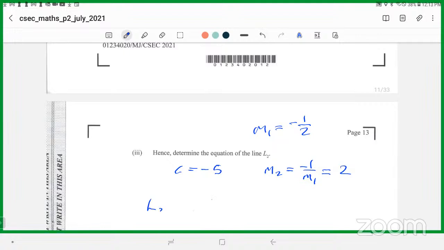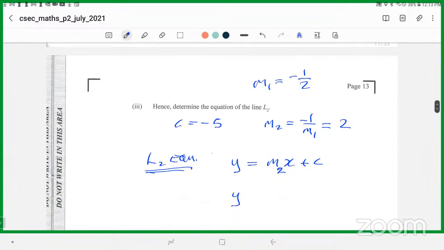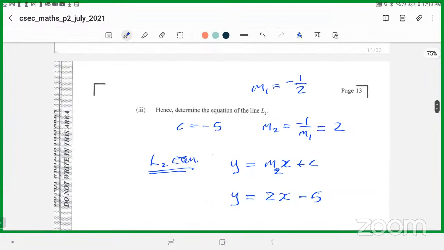Since we know the m and the c, we are simply using y equals mx plus c, with the gradient of line 2 and the c. So putting the values in, it is simply y equals 2x and the plus c is -5. So we're just going to put -5 and that is it. Equation of line 2. Easy question.